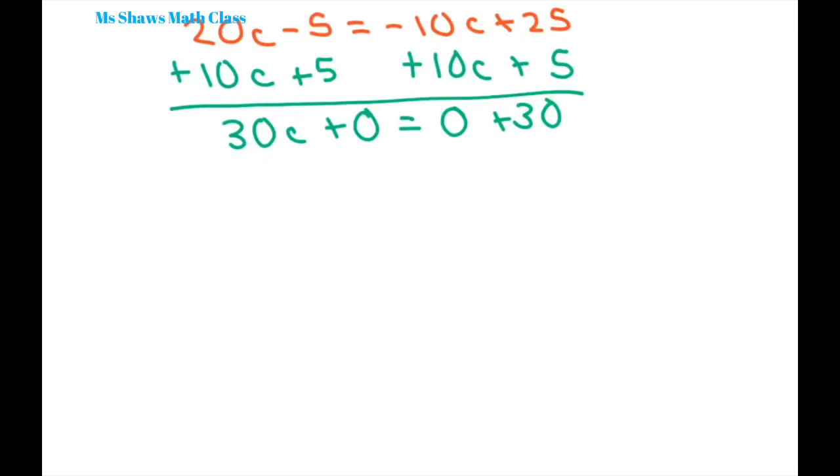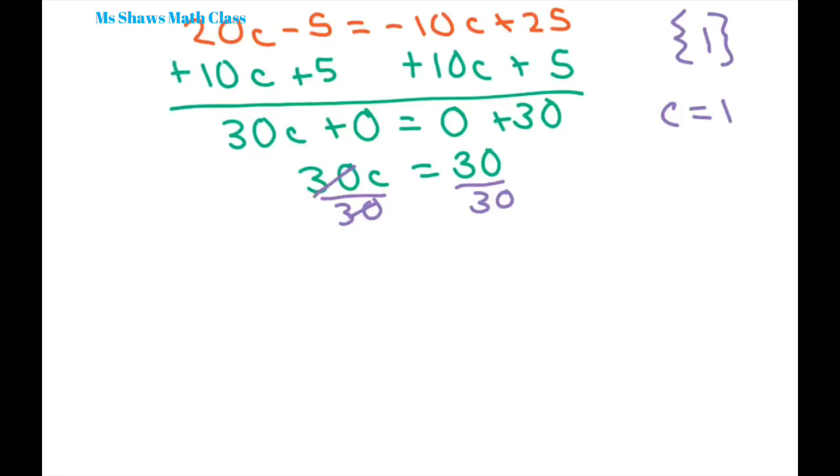Now the 0 property, I can just call this the 0 property of addition. 30c equals 30, and then you can just clearly see that c is 1, or use your division property, and you'll get c equals 1.